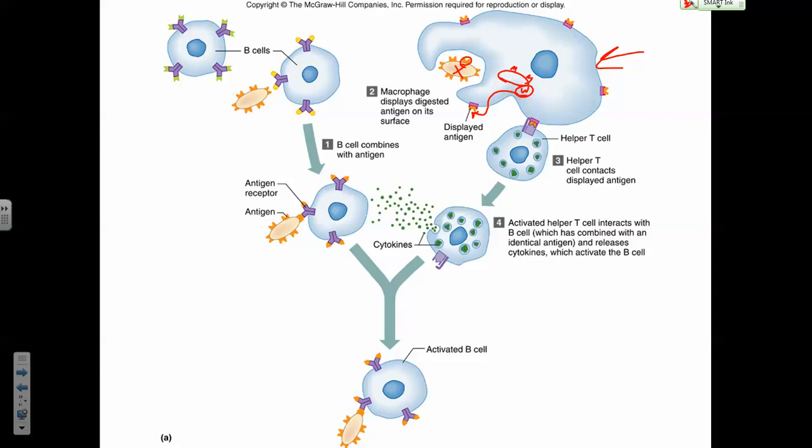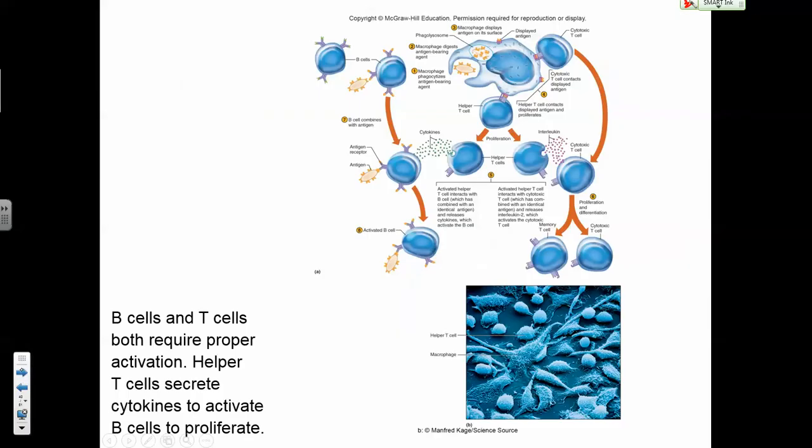A T cell recognizes the MHC, but a T cell's receptors, let's see, where's our T cell? I wish it showed a T cell without, well, there it is. Look at this T cell right here. Do you see its receptor right there?